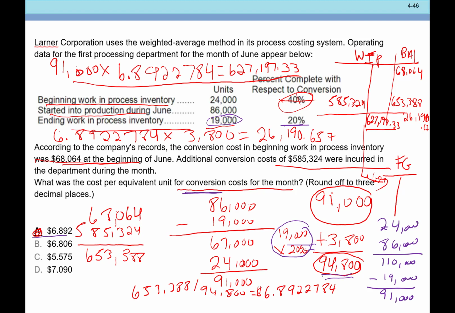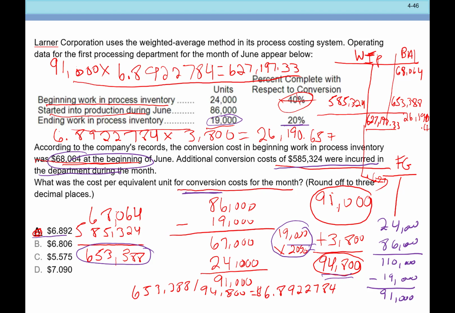Then I pick up the cost, both the costs in the beginning and the costs that were added during the month. I add those together. That's the total cost I need to come up with a per unit cost.